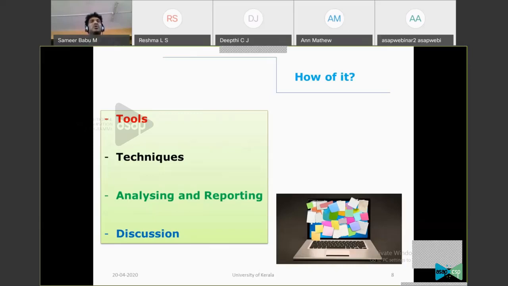A checklist gives you just the presence or absence of something, whether it is present or not. Suppose a psychologist is taking observations of a participant, a child who is having some issues, observing whether bedwetting is there or not, yes or no, whether late night sleep is there or not, whether sleep disturbances are there or not.